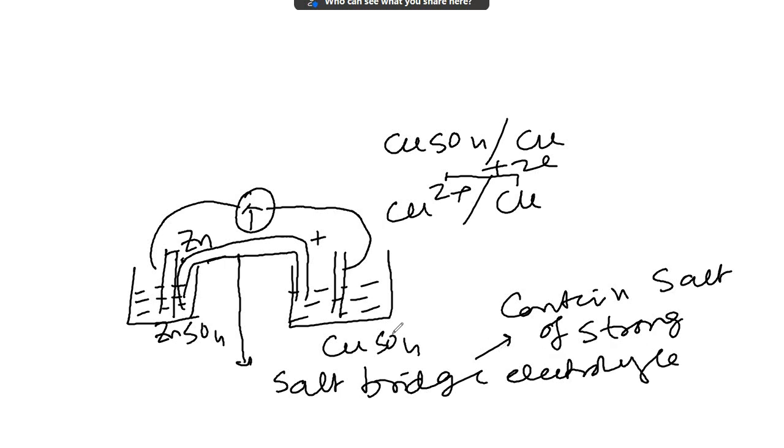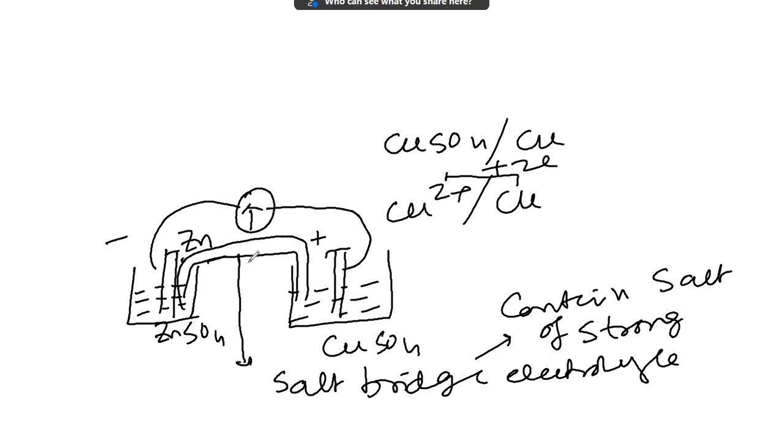Now, what is the function of the salt bridge? The salt bridge maintains electroneutrality on the two electrodes so as to obtain continuous current. It is a negative part, it is a positive part. It doesn't allow any accumulation of charge near the electrode, such that we obtain continuous current.